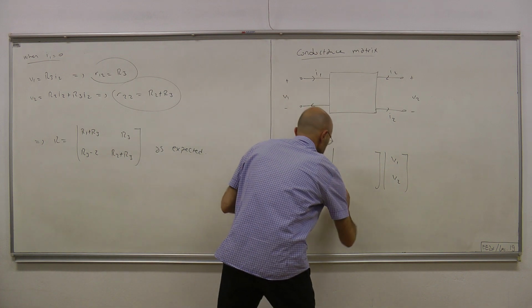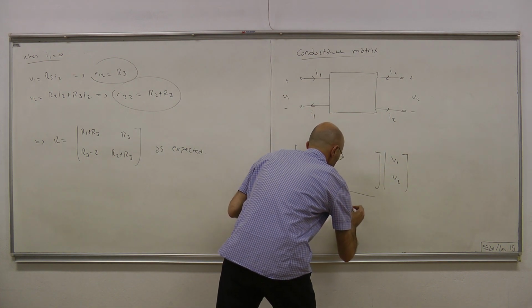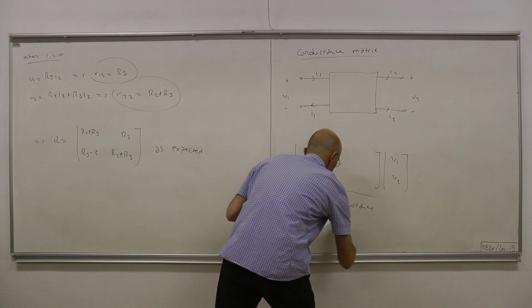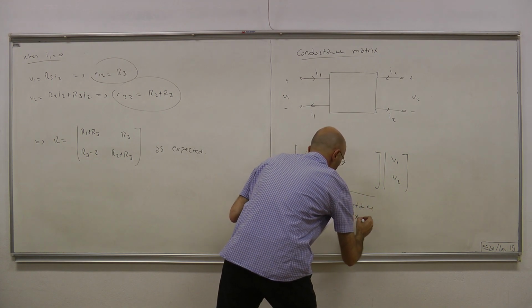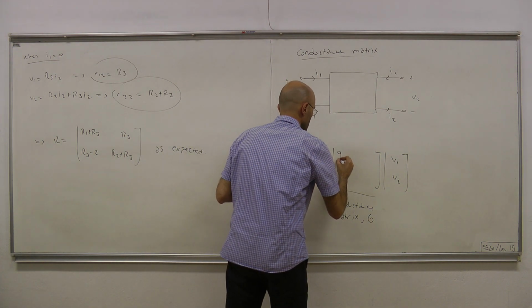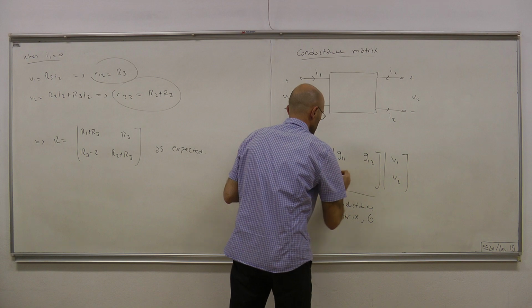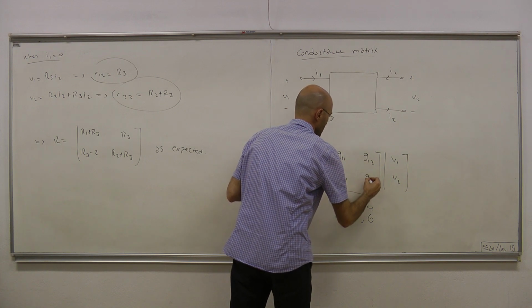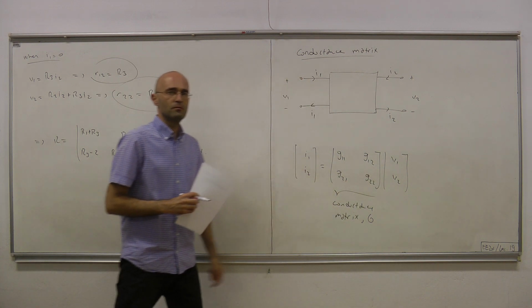Okay, so this is the conductance matrix, denoted by G, and the entries are G11, G12, G21, and G22.